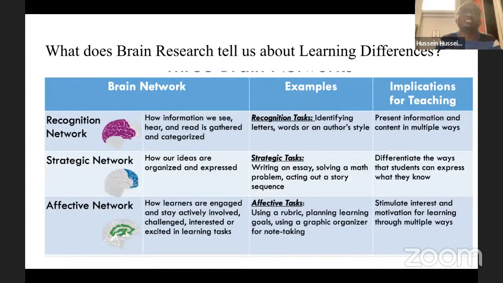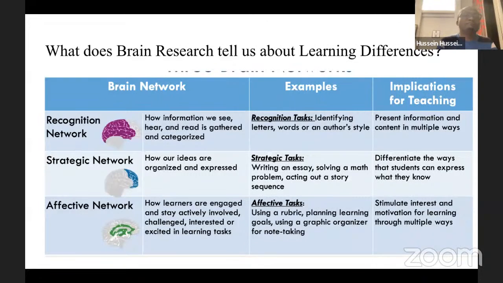Na recognition network. So present information, how this recognition can be linked, or the brain research on recognition network can be linked with UDL principle. As a teacher, you have to present information and the content in multiple ways so that all the kids can get access to your information, what you are doing.